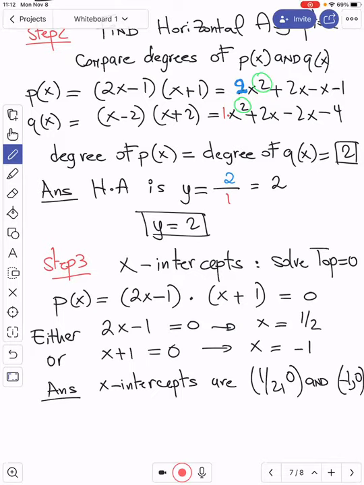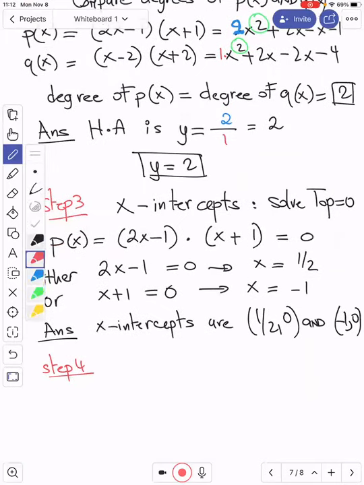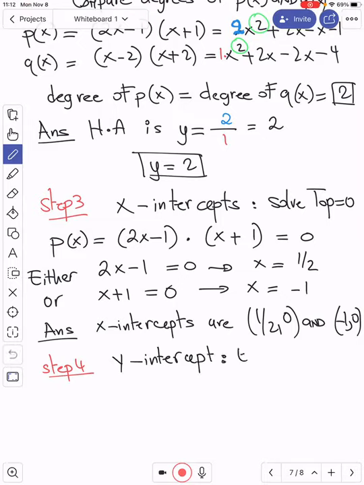And finally, for the y-intercept, step 4, just evaluate f of 0. Let me write down f of x first.